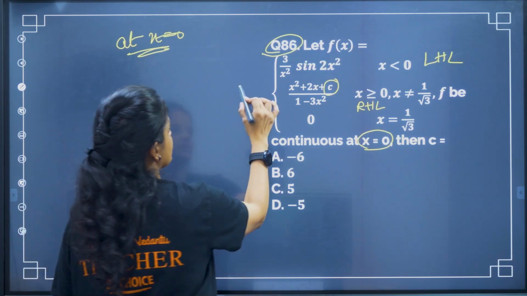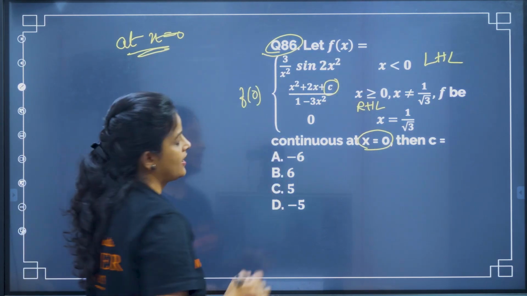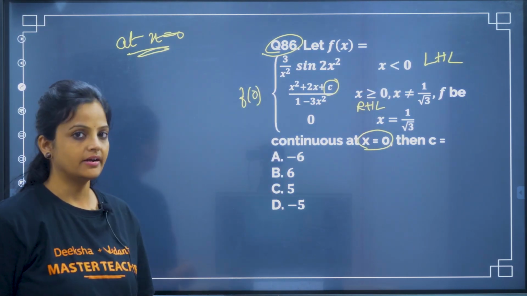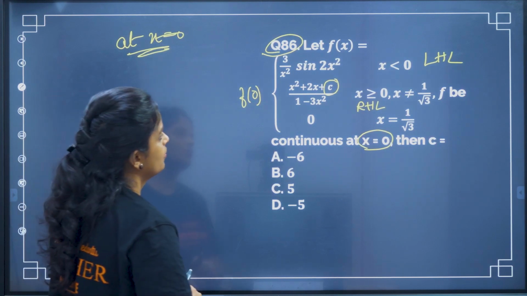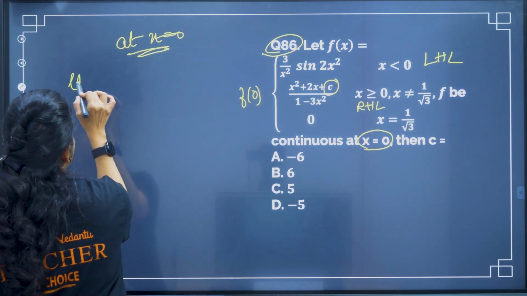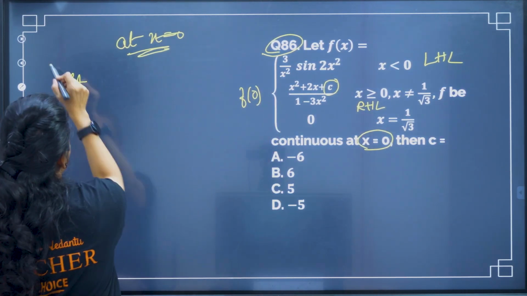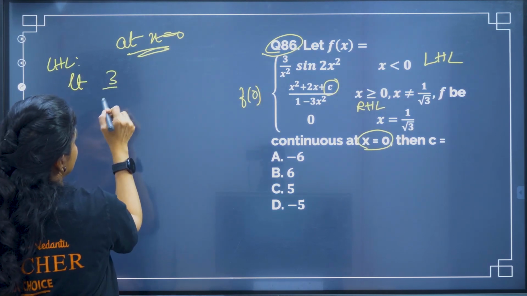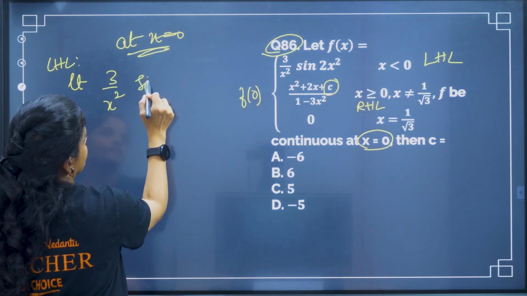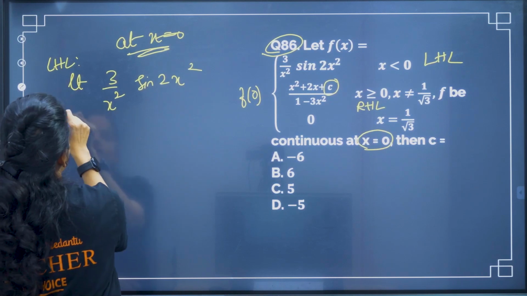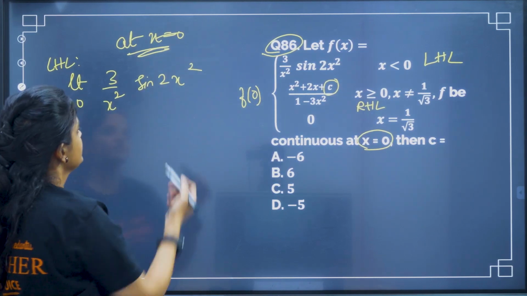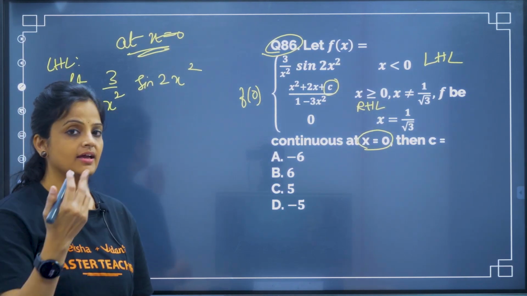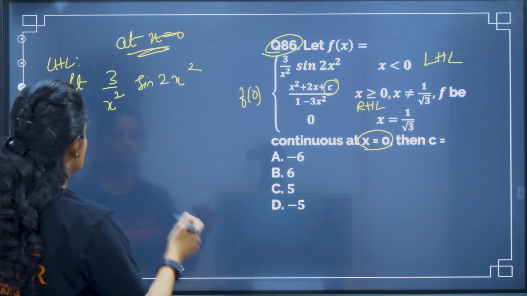Either I will take f of 0, the value of the function, or I will take RHL. It's one and the same. Okay, for LHL I'm talking about, the function is taken. And what do I have to do? On putting the value, I'll get 0 by 0. So L'H rule once again.